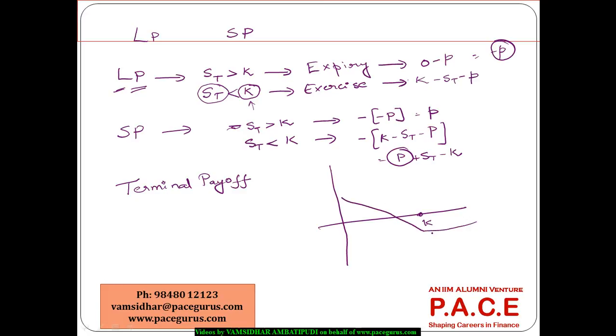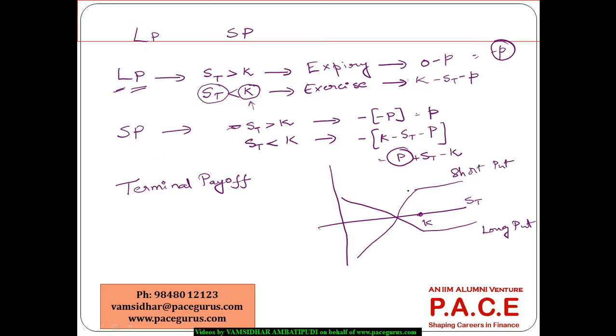As the stock price or spot price goes lesser than the strike price, there is going to be a benefit. And as the spot price goes more, it's going to be a benefit for the short put. So this is the payoff for the long put position. This is the payoff for the short put position.